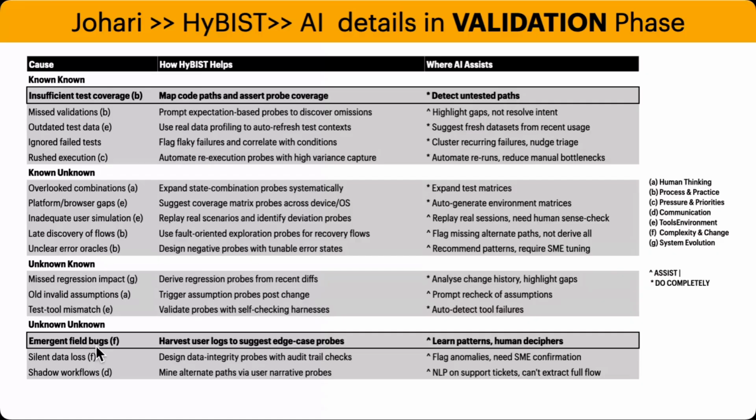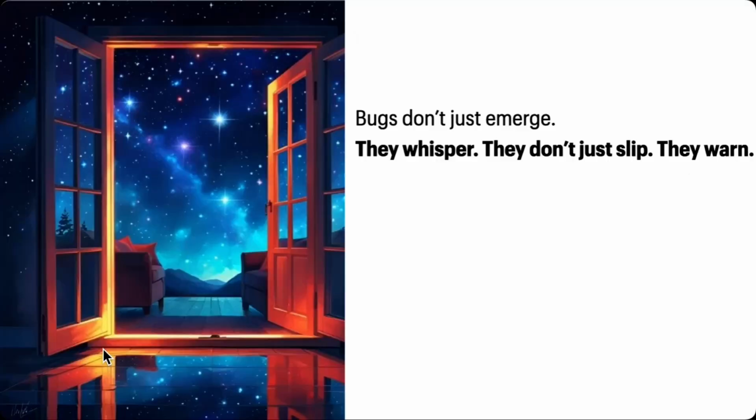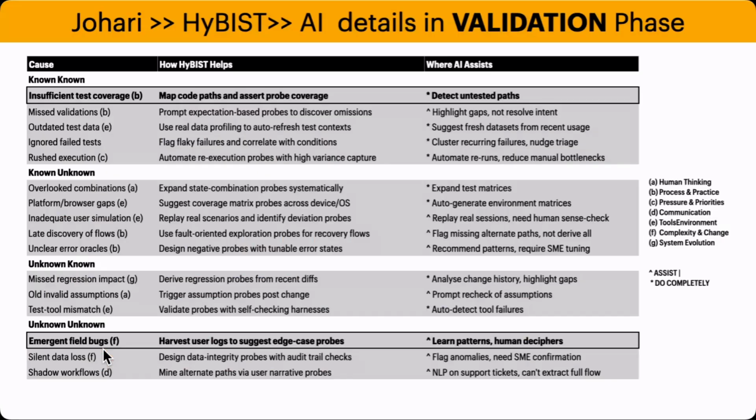If I go to the unknown, there are some new emergent issues that come up in the field. So what we are trying is, how can I harvest some of these edge cases? And that's where I'm looking at learning patterns. So can I use AI to analyze categories of issues, figure out certain patterns of issue making, and therefore use that to help me figure out, from maybe certain field issues, certain issues that have been found late, and therefore use it to harvest some of these logs of users to come up with interesting probes that I can apply as we go forward.